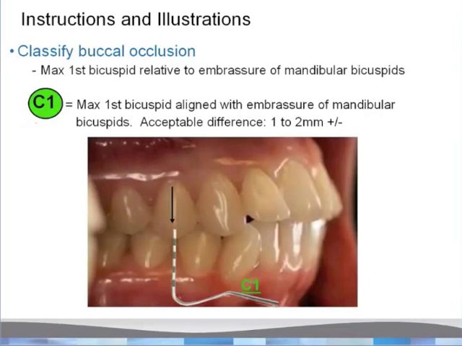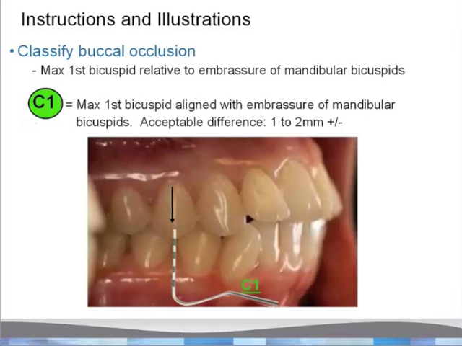So if we compare the cusp tip of the upper first bicuspid with the embrasure of the 2 lower bicuspids and how they relate, the cusp tip of the upper bicuspid should bisect the interproximal contact between the 2 lower bicuspids, and that would be considered Class 1, or your first, the green box on your classification on your grid.